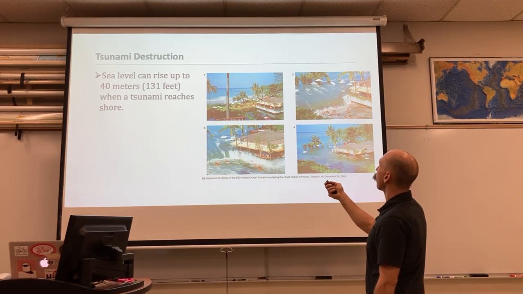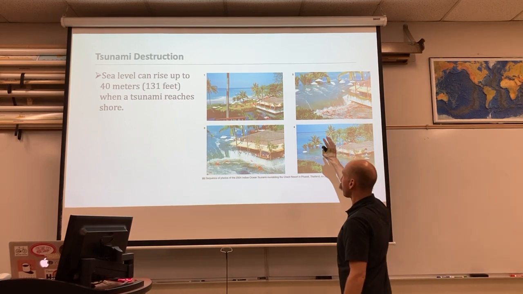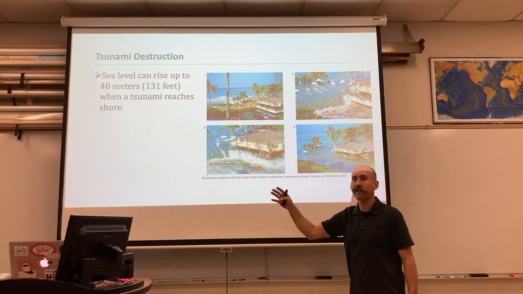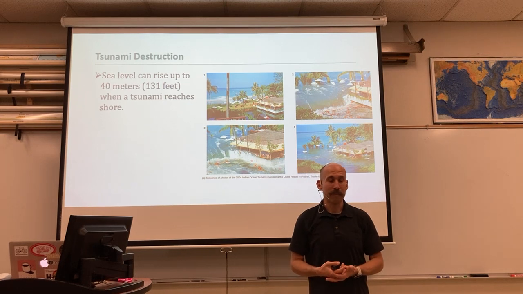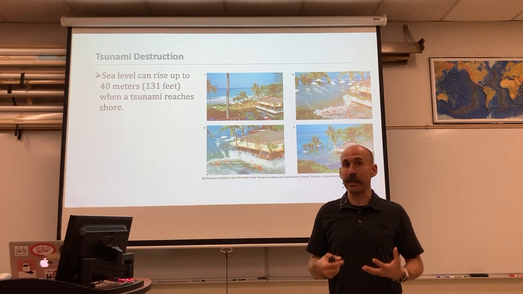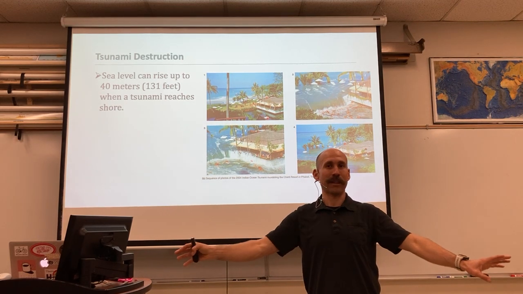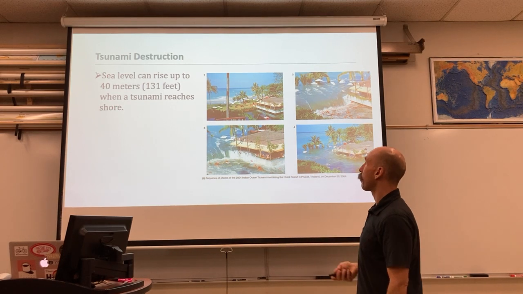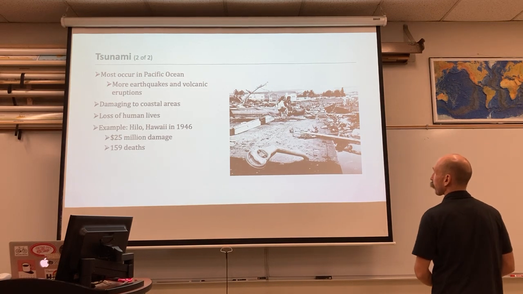They flood and inundate and knock out all the different features, creating lots of debris. It's very bad if you live in one of these coastal communities, because the energy being transmitted is immense. They're not something that we want to mess around with, and definitely not something you want to be hanging out with when a tsunami is happening.